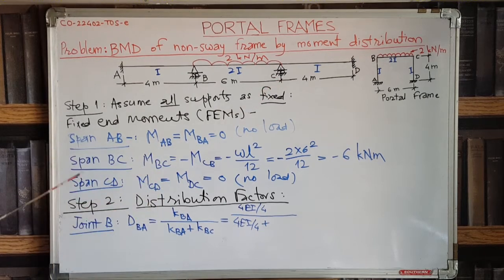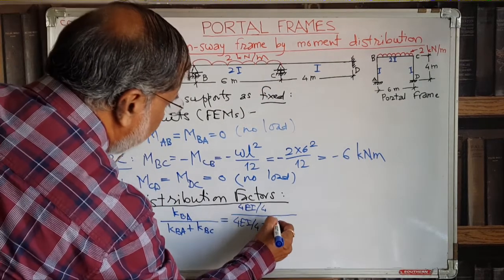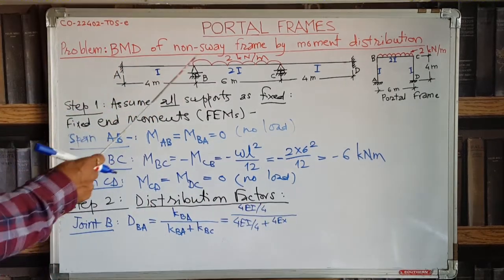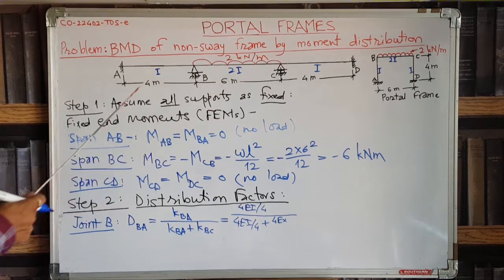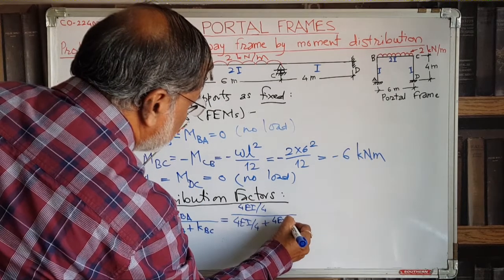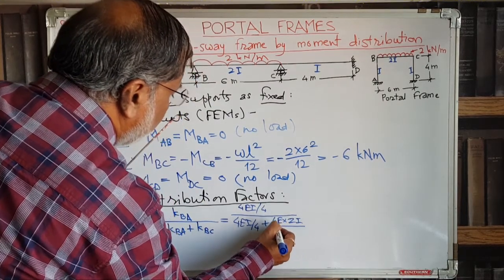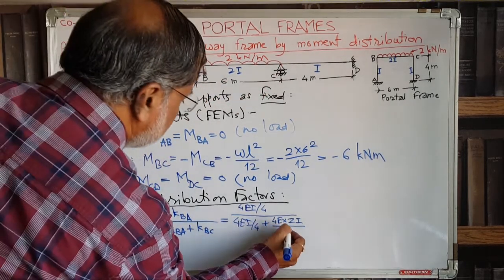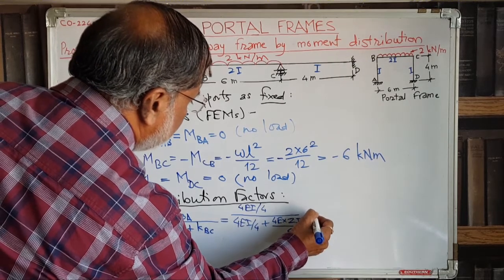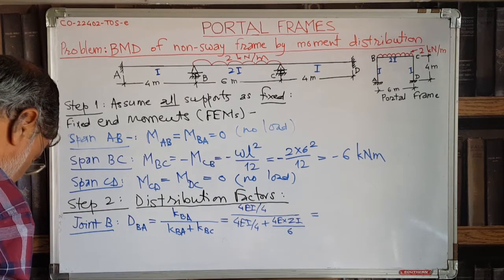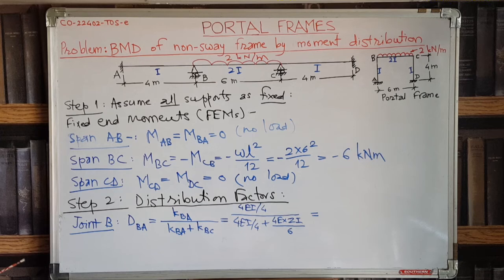So its stiffness factor will also be 4EI upon L. Now this I is to be replaced by 2I, because for BC the value of I is equal to twice I. So 2I upon, the value L is 6 meters for BC. This is 6. If you calculate this value, you will get that value as 3/7, or you can say 0.43.